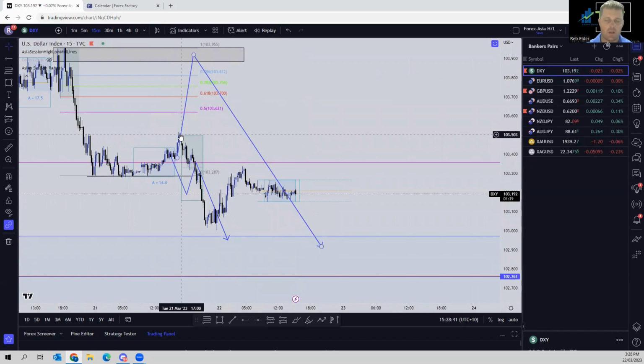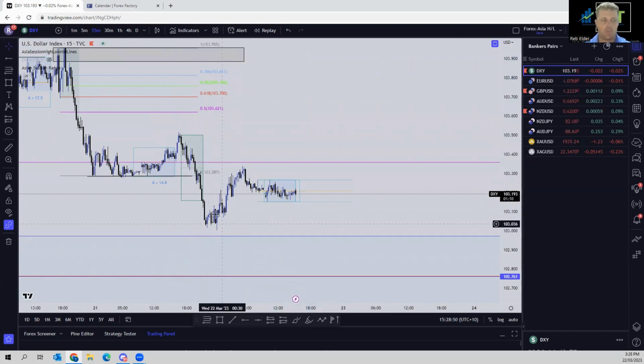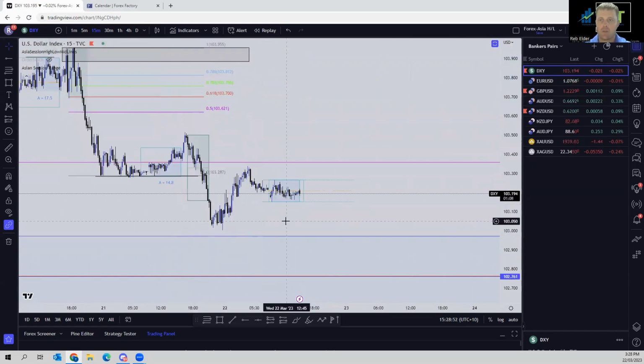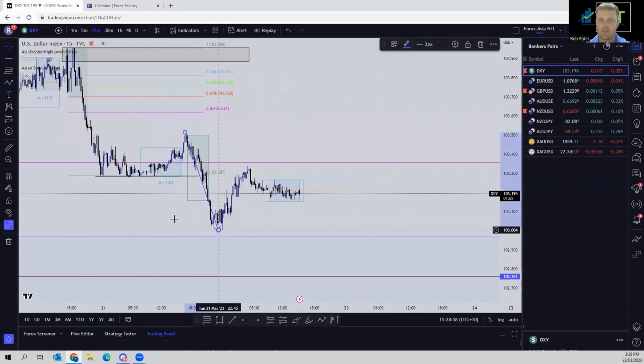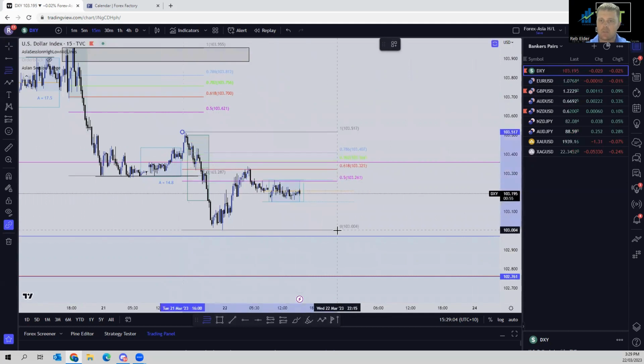Obviously, it did break to the high side, but not for very long, and then decided to turn. So didn't quite get what we were looking for yesterday, but we did get that bearish impulse that we were looking for. So now at the moment, we are working within this leg from here to here on the 15-minute time frame. So what we're going to be looking for in here is any areas that could be of interest for us to be looking to sell from.